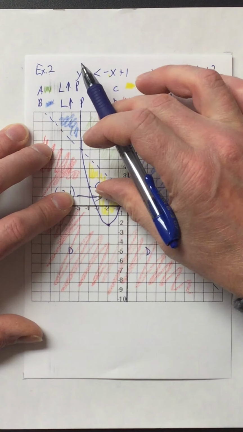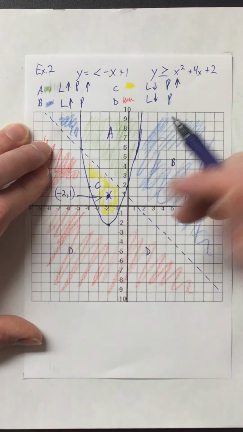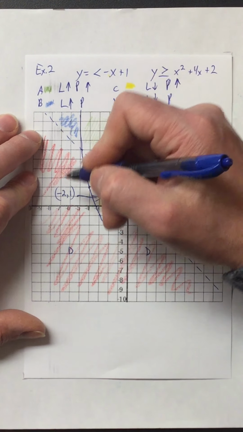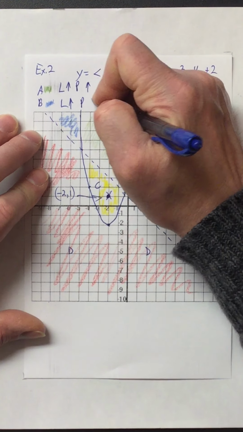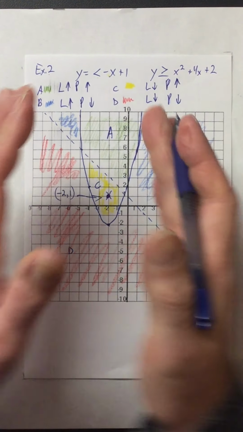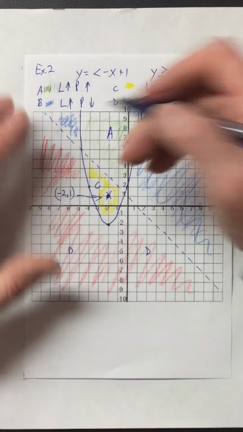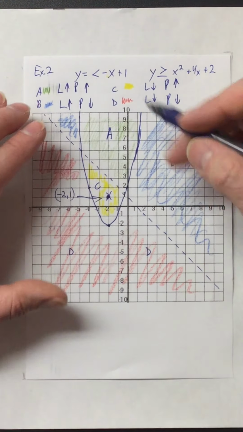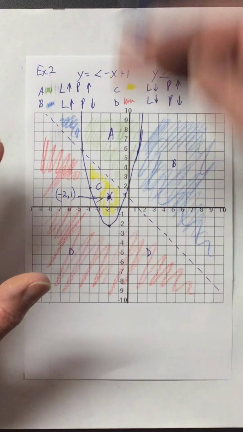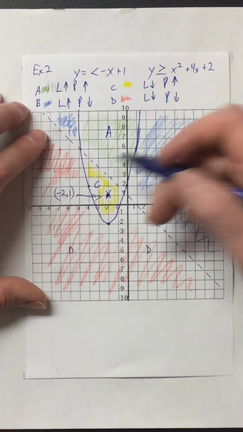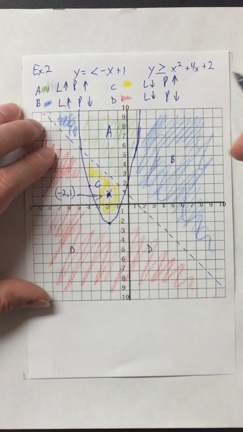The D and the B areas are below the parabola, because you're on the outside. Since it's opening up, think of it as a V: A and C are on the inside, so they're up, and B and D are below, or on the outside of the V, or the smile.